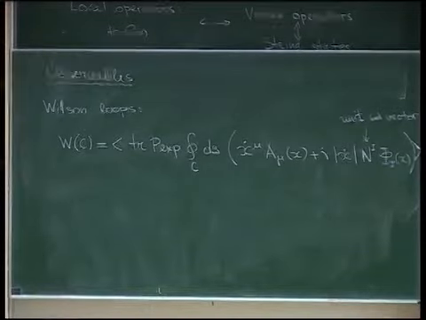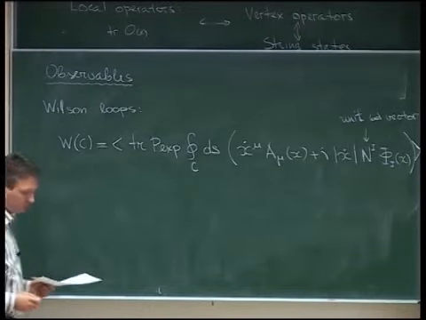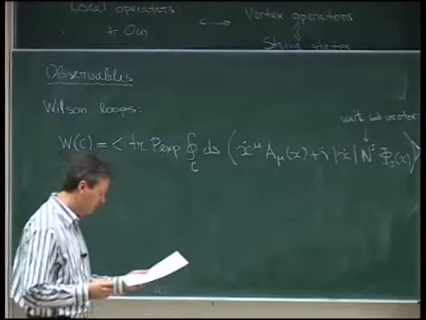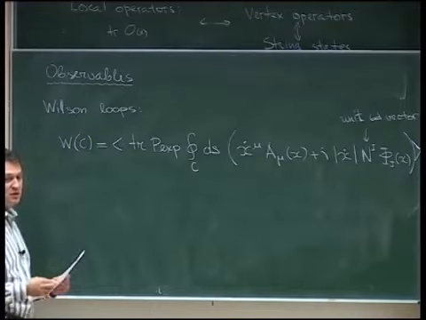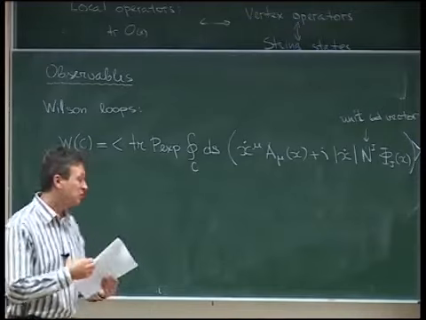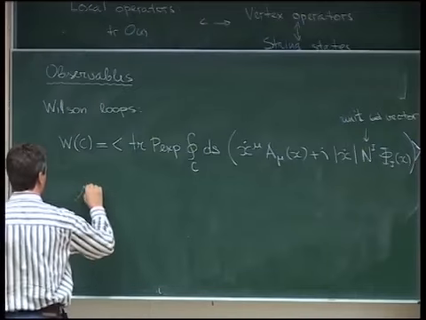In perturbation theory, it's given by a sum of diagrams, and if we take the large N limit, these are basically planar diagrams on a disk. So there is a contour that can emit gluons.